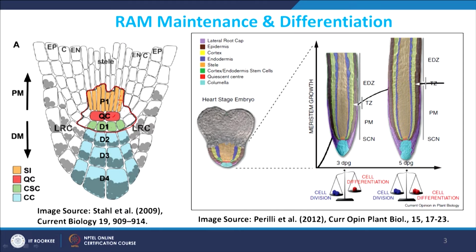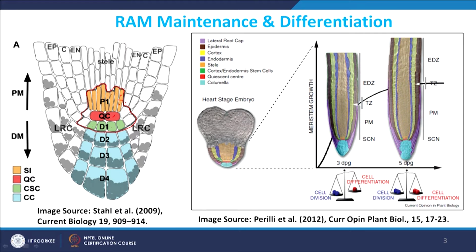The daughter cell which is towards the QC remains as a stem cell or initial, but the daughter cell which is away enters the process of differentiation. And just now I said that the differentiation program in these cells will depend on the relative position of the cells.